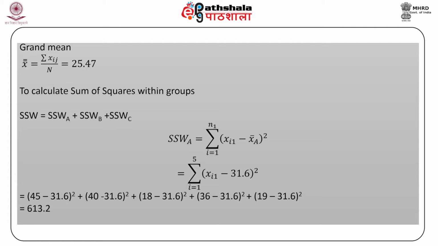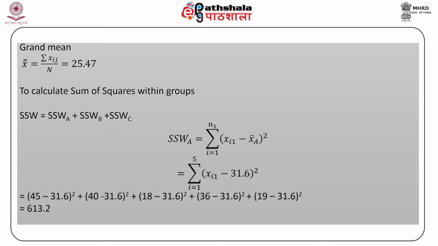To calculate the sum of the squares within groups, SSW is equal to SSWA plus SSWB plus SSWC. Now we can see that SSWA is equal to summation of Xi1 minus XA bar squared, and this summation is of i from 1 to n1. Now I am sure we know n1 is equal to 5. So how do we find it out?